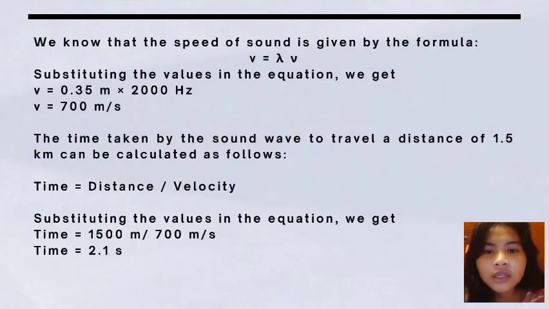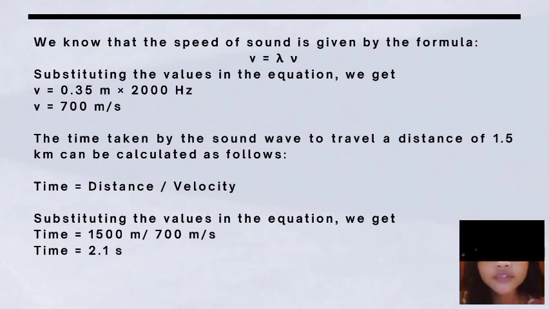The very first thing that we are going to do is find the speed of sound. We obtained 700 meters per second. Since we already have the velocity, we will find the time taken by the sound wave to travel a distance of 1.5 kilometers.